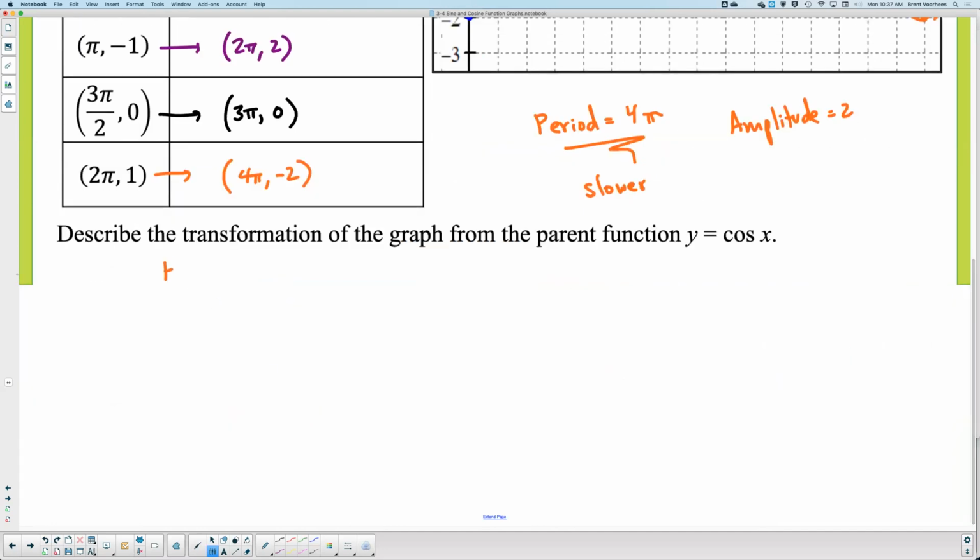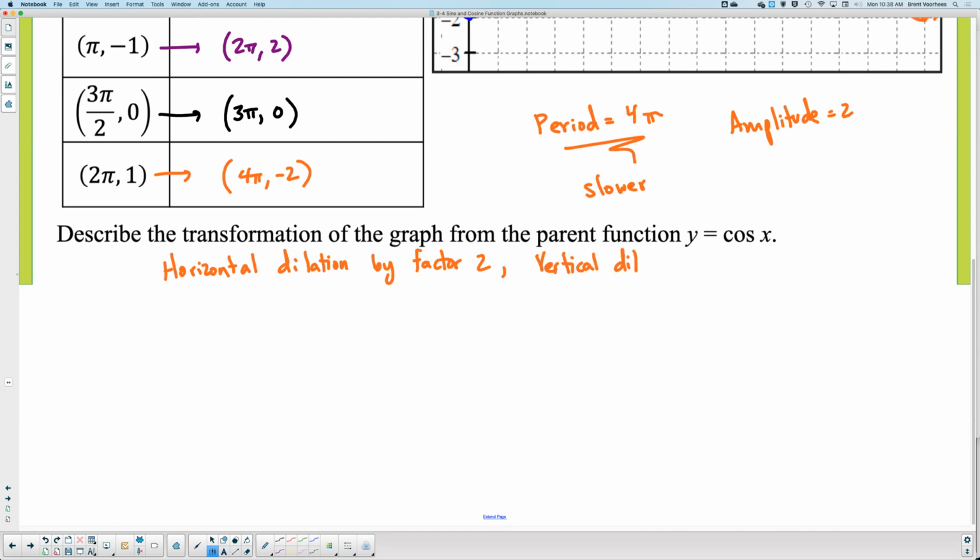Okay, what transformations occurred here? We have a horizontal dilation. What did we actually multiply the x's by? And we multiplied y's by a vertical dilation.